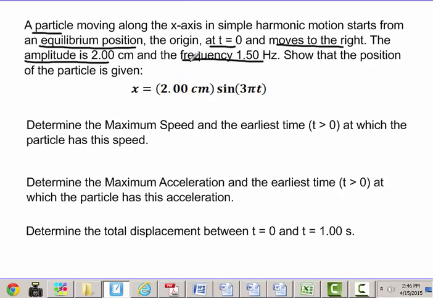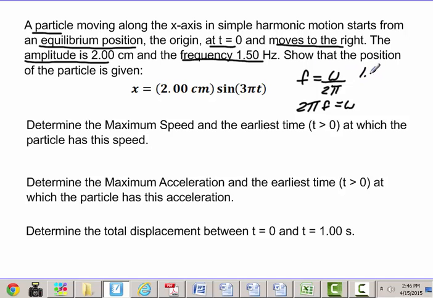Okay, so what we want to do here to prove this is correct, we go back to frequency is equal to omega divided by 2 pi. So we can say that 2 pi times our frequency is equal to omega. Now you're given your frequency is 1.5 hertz.